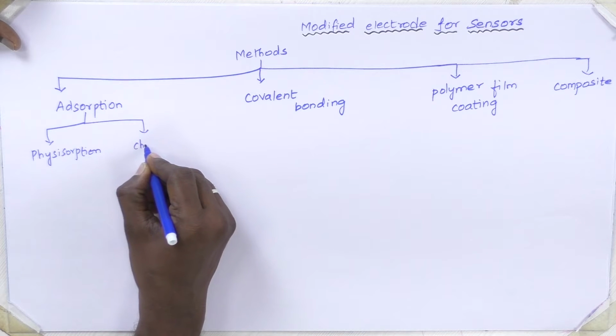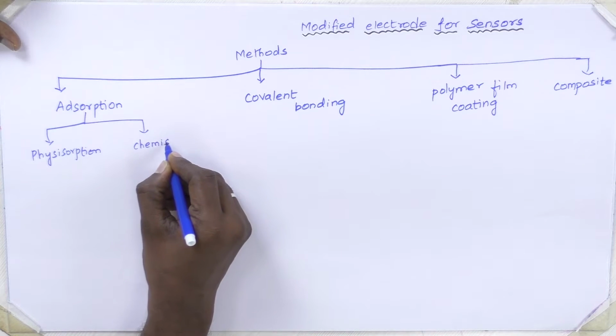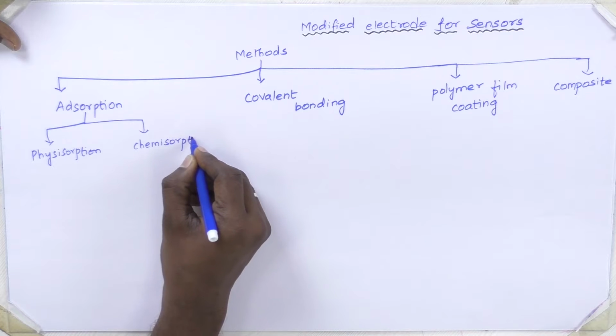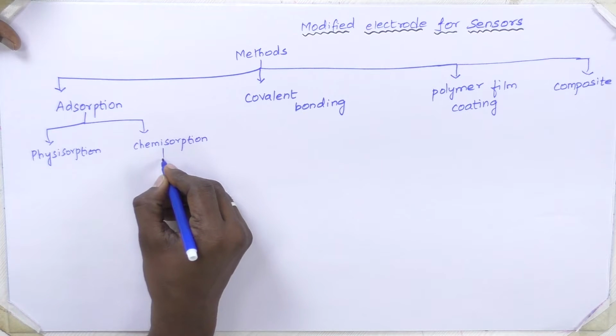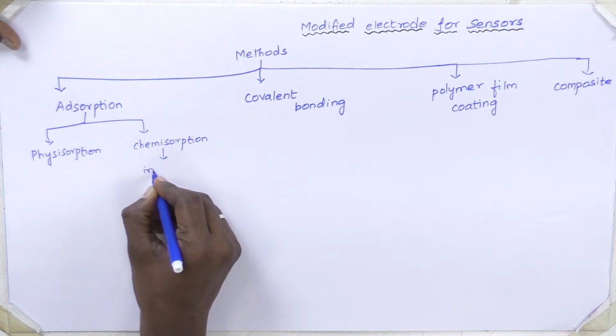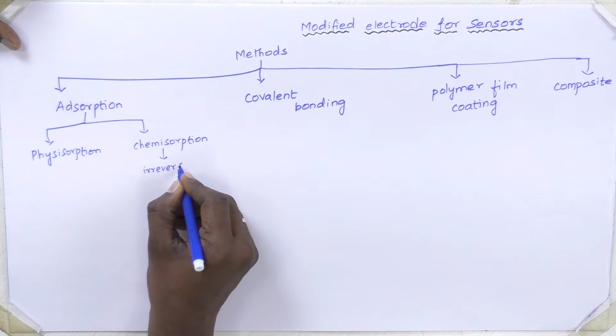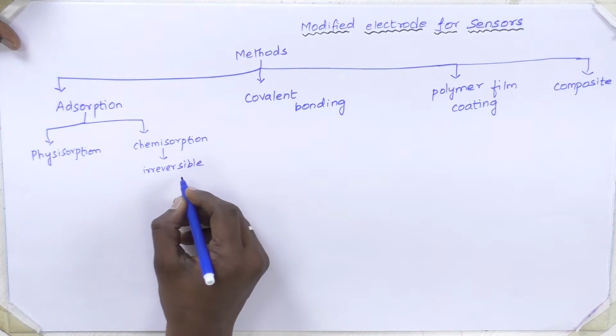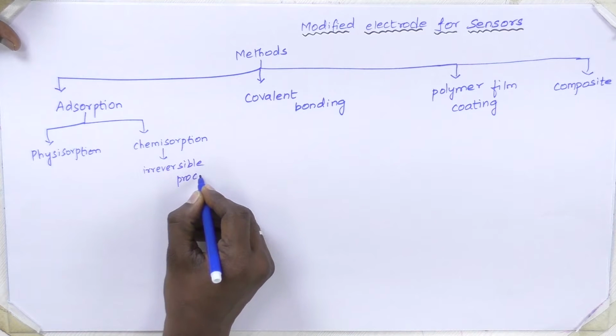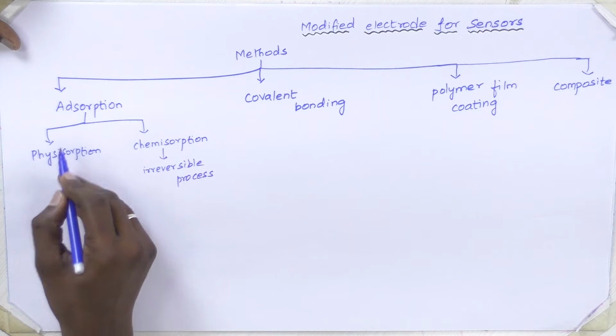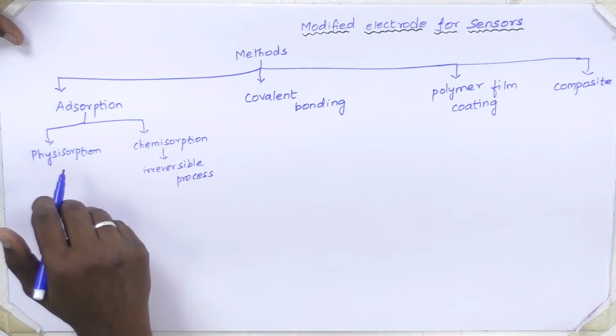Another one is chemisorption. Chemisorption is an irreversible process, and physisorption is a reversible process.